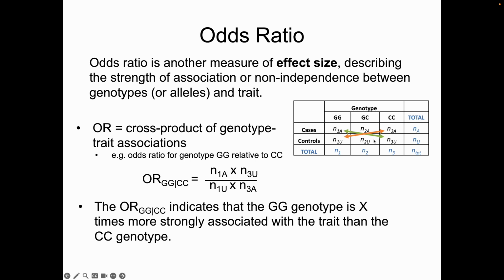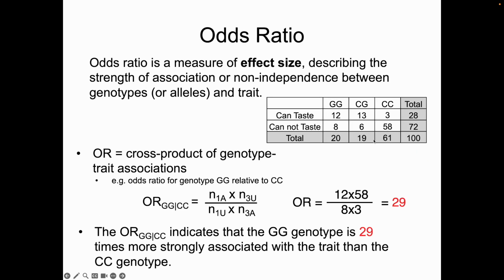It's just this cross multiplication and division. Putting numbers on that, right? So you would do sampling where taste and not taste. This is taken from a taste receptor gene example. I forget if this is the cilantro or the broccoli one, but right, if you're GG, 12 homozygous Gs can taste it, only 8 can't.